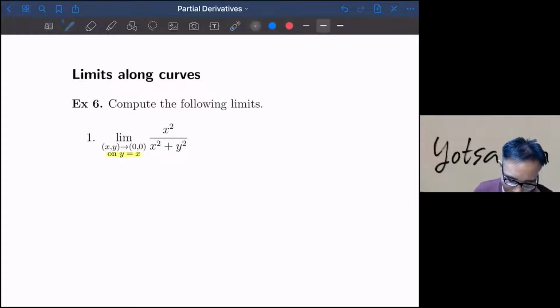So you're going to use the condition y equal to x, and you see 1y here. And this one, you're going to change this term to x squared over x squared plus x squared.